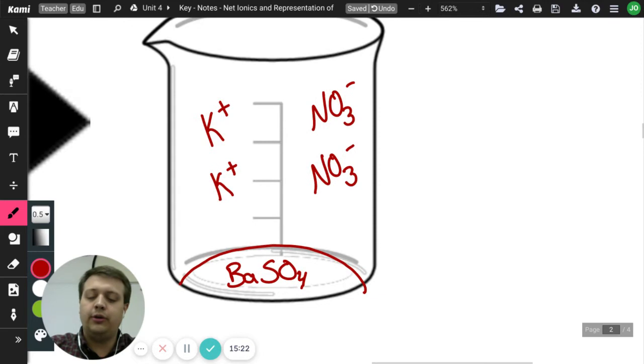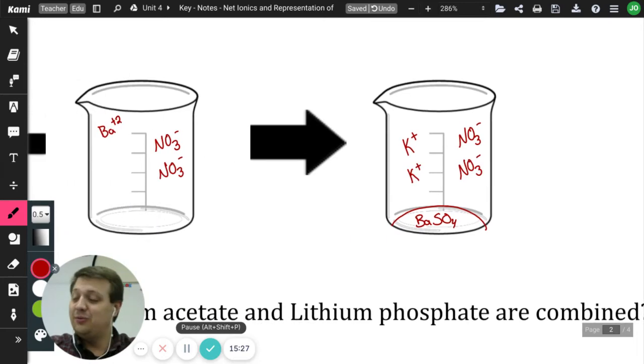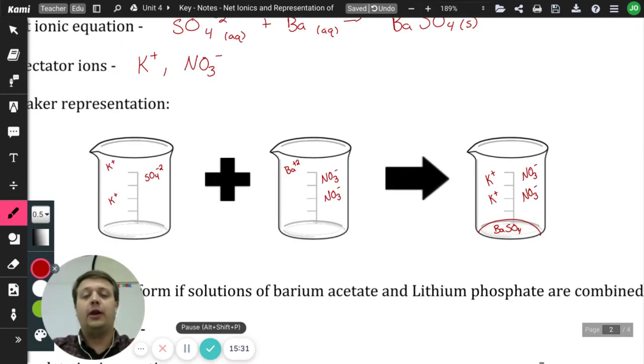And so in terms of my beaker representations here, I'm showing those ions and I'm showing where they would go and how many of each thing I would have. Okay, so here would be our final representation of that reaction.